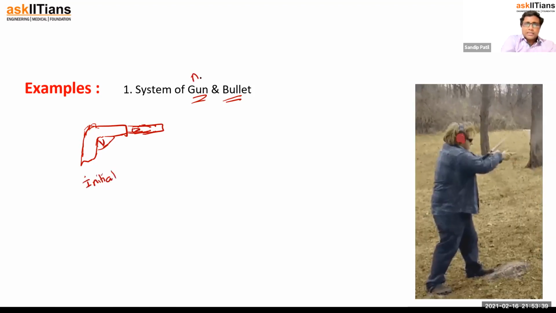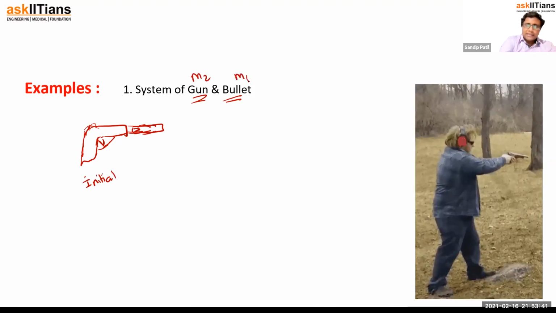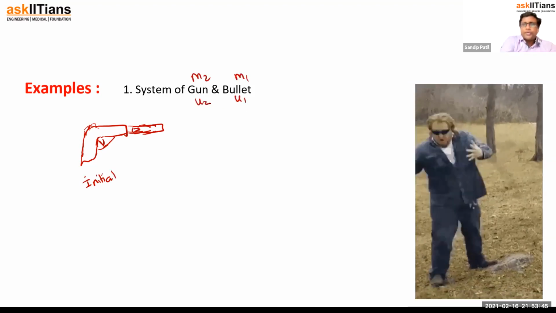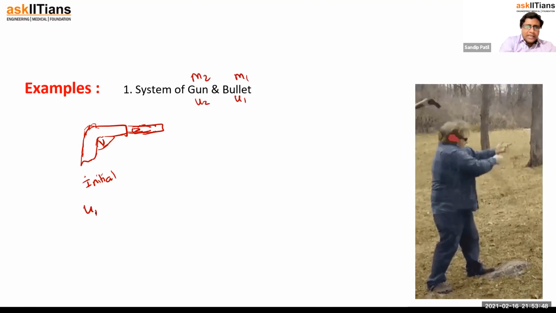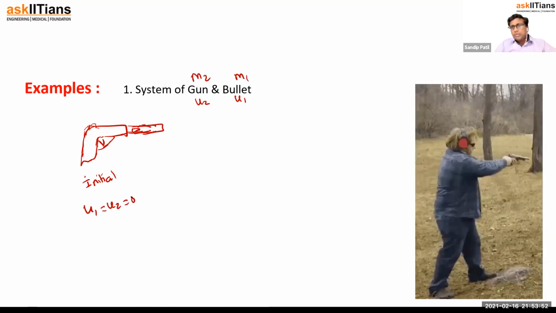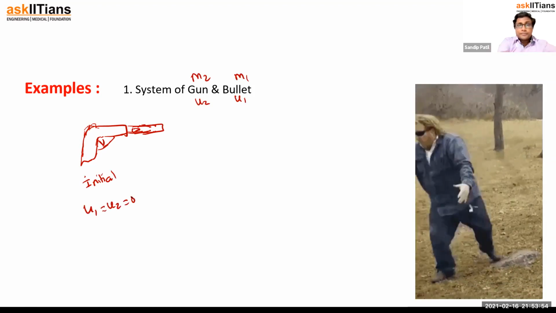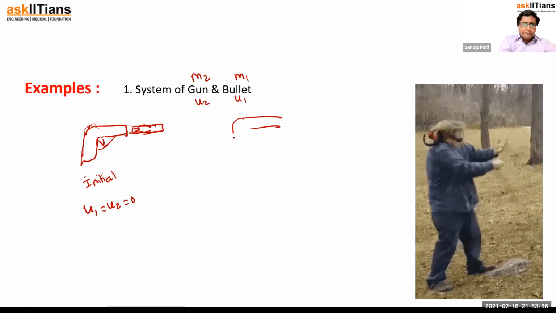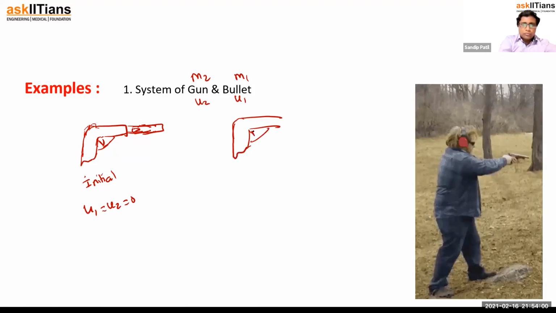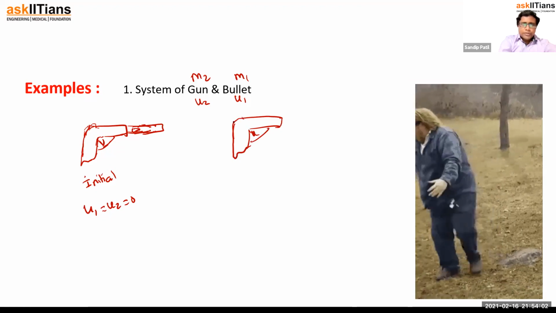Let's say the gun has mass m2, the bullet has mass m1. The initial velocities of both, u1 and u2, can I say both are at rest? So u1 and u2 both will be zero. But in the second case, when you fire this bullet, what is going to happen?